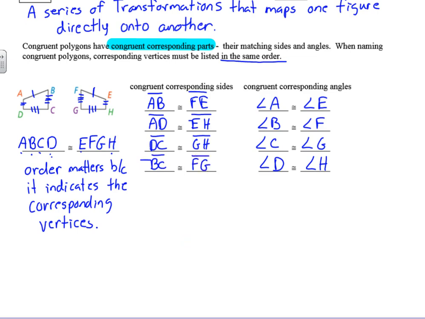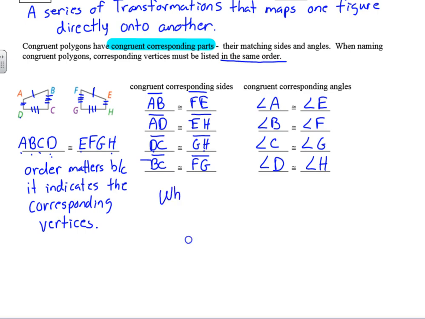When you see, for example, where I did DC and GH congruent, you notice that D corresponds to H, and so over here I put D and then I put H. When you name the segment itself, you can flip the order around. That's not as important as it is with the angles. So all of the corresponding sides are congruent.